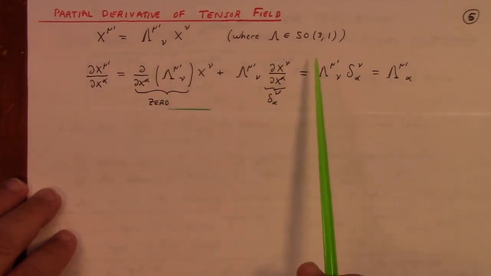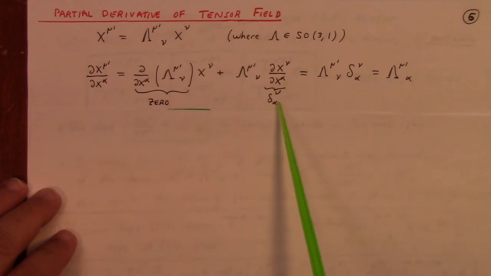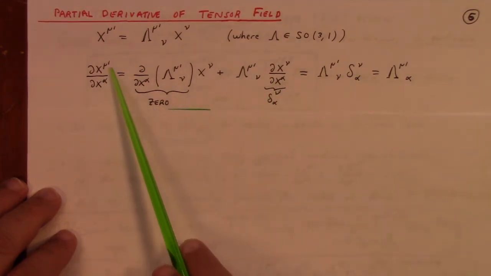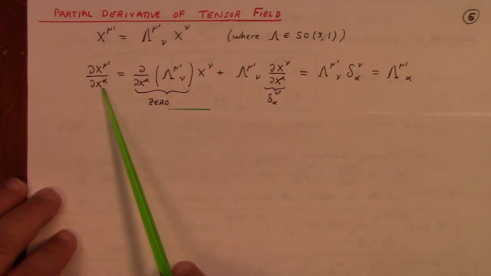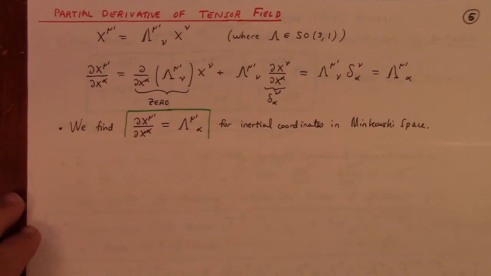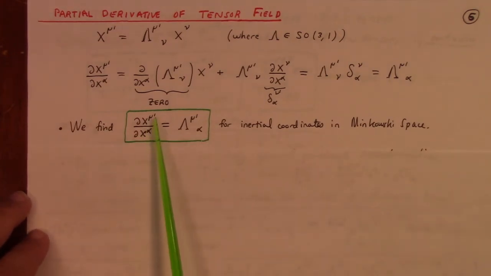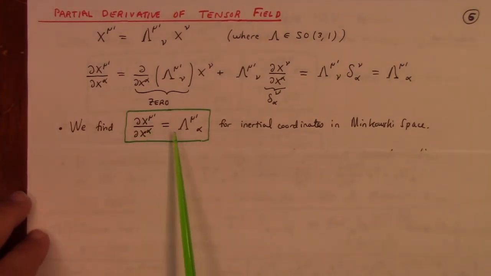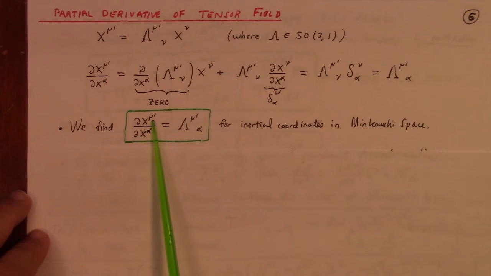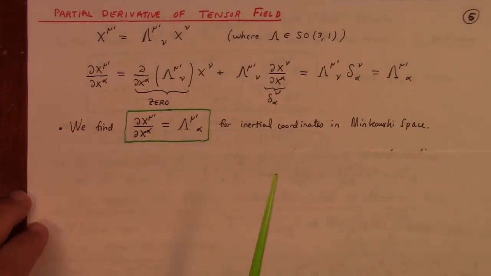And of course by just usual partial differentiation, that's Kronecker delta alpha nu. And so lo and behold, partial x mu prime over partial x alpha is lambda mu prime alpha. So we find that the partial derivative of x mu prime with respect to x alpha is in fact the Lorentz transformation at play between the prime system and the unprimed system, all right?